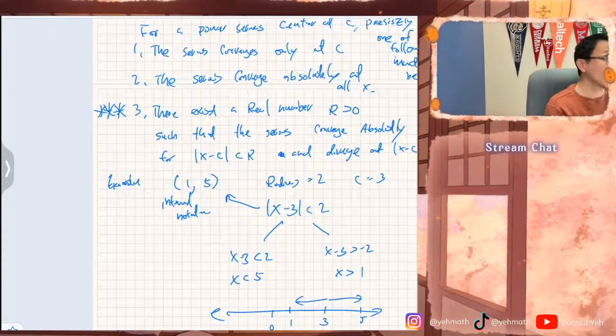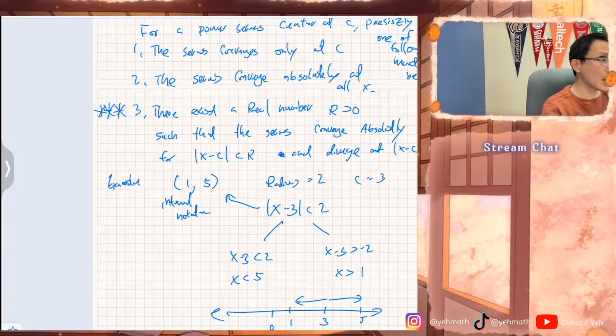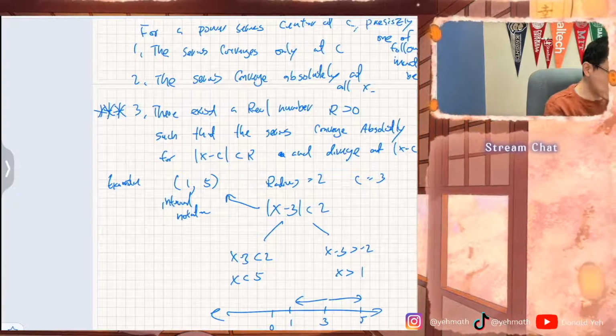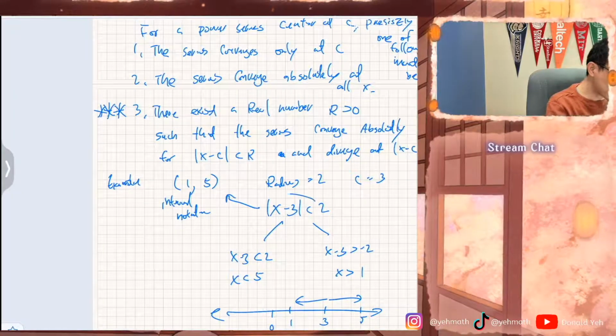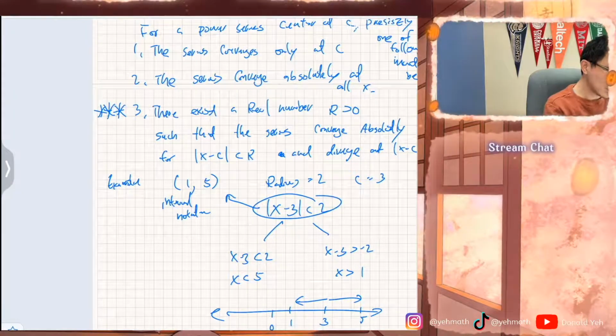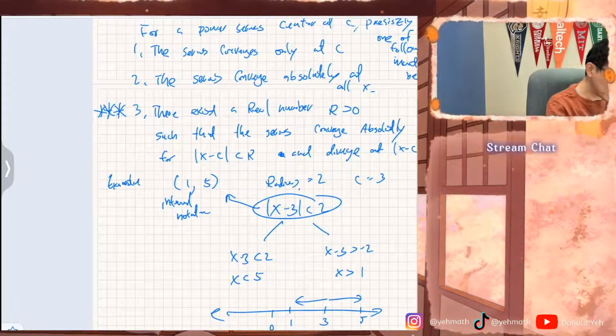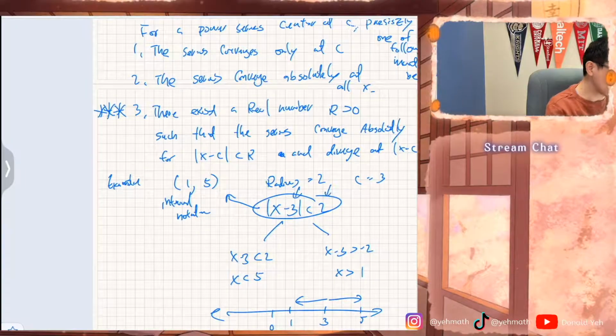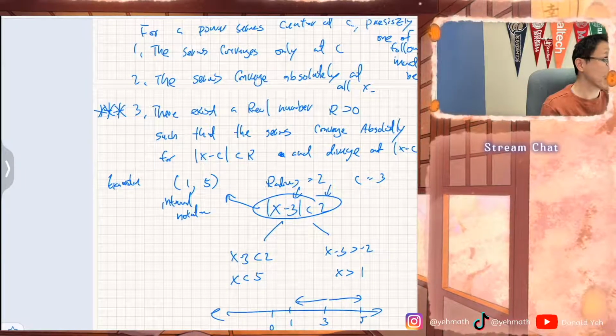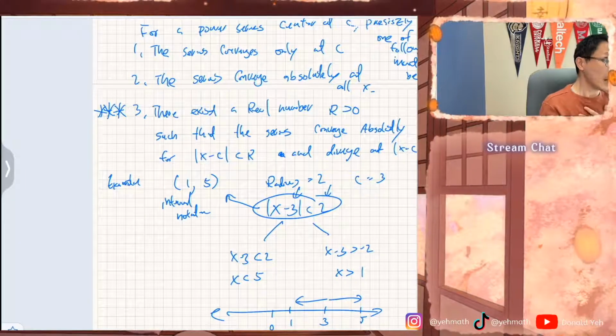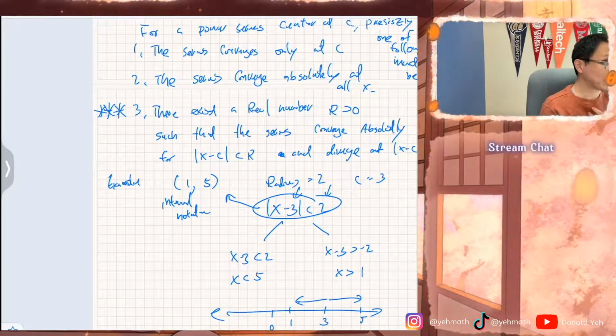This is my interval. If the interval of convergence is between 1 and 5, this is a purely good representation. Why? Because this is going to be your center, and this is going to be your radius. Sometimes we will ask for that.